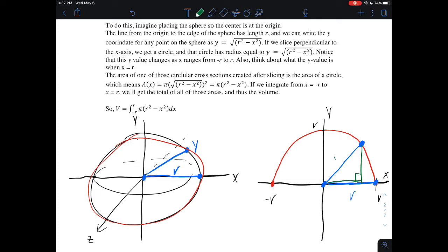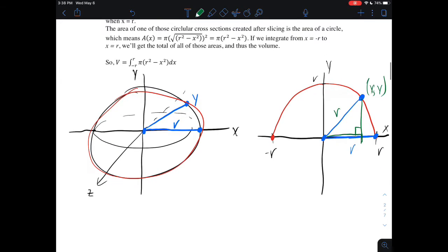We know some things about this triangle. The hypotenuse is r. And if I want to find out what the y value is, I can use the x-coordinate. For any point x on the x-axis, I can use that to find the related y-coordinate.